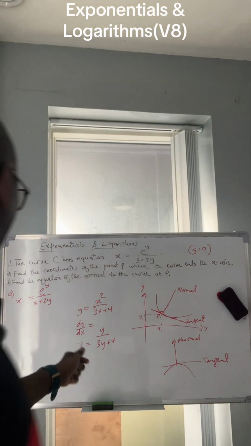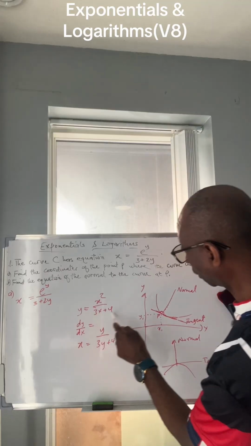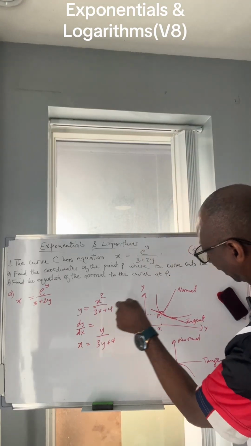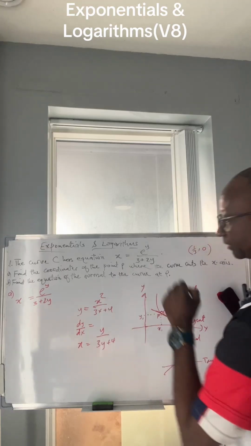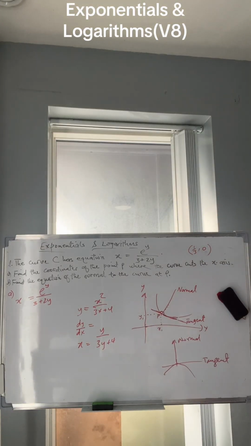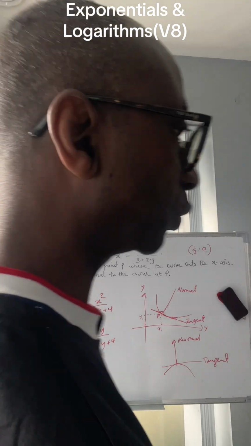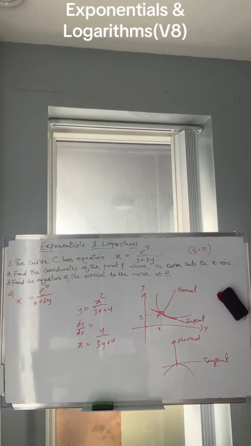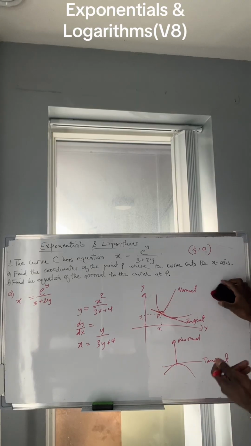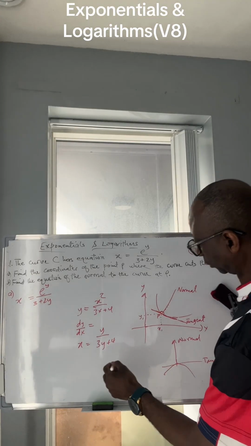You see, here we have y. This is what we are used to having: y equals to x something. Now here we have x, and you want to differentiate with respect to x. It becomes difficult. But there is a way to go over it. This is where implicit functions come in.